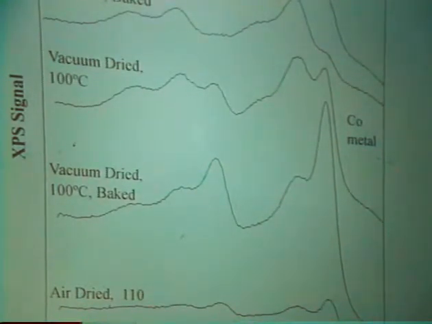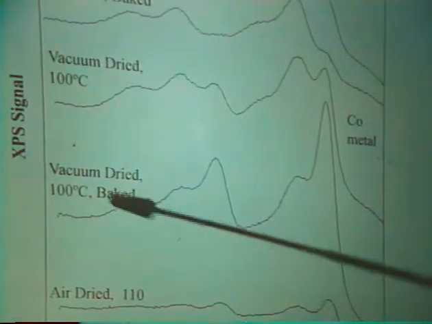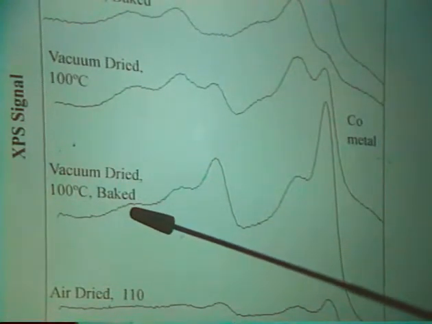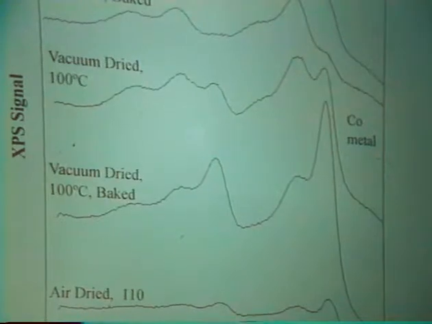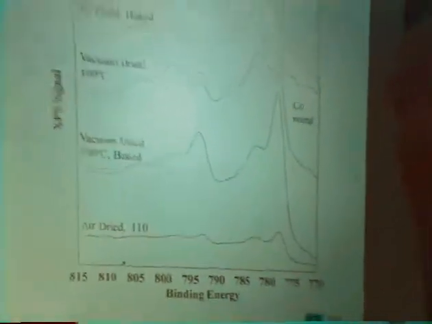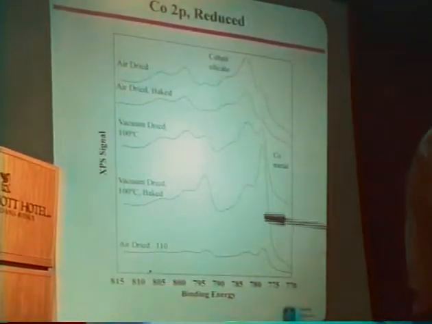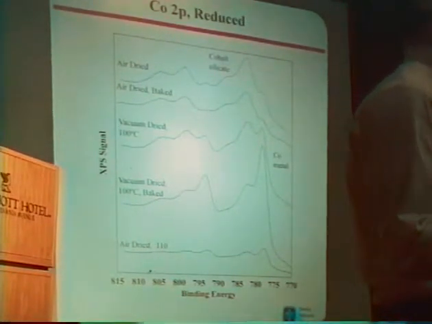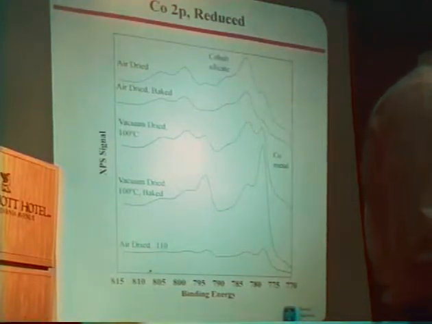The sample that exhibited the highest concentration of reducible cobalt of any sample that we investigated, including the samples that were calcined, is a sample that was vacuum dried at 100 degrees C, baked in the reactor, vacuum annealed to 400 C, followed by reduction at 400 C. On this sample, we see a metallic cobalt feature that is an order of magnitude larger than any other sample that we investigated.